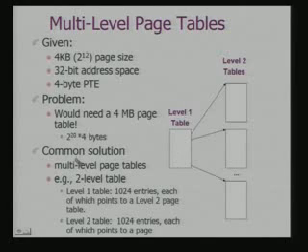So, what do you do? You have multi-level page tables. The level 1 table may have 1024 entries, each of which points to a level 2 page table. And the level 2 table has 1024 entries, each of which points to an actual page.